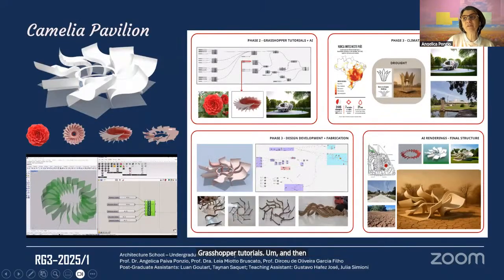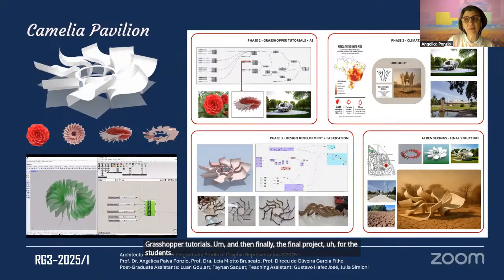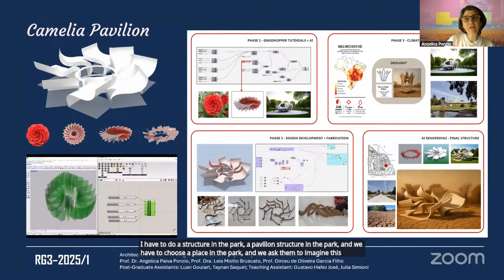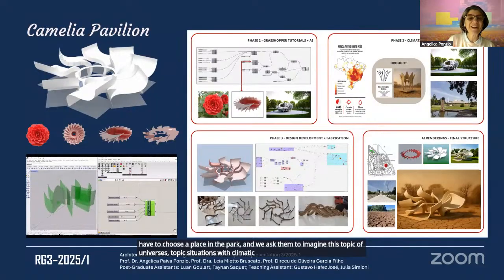And then finally, for the final project, the students have to do a pavilion structure in the park. We ask them to choose a place in the park and imagine dystopic universes, dystopic situations with climatic disasters.